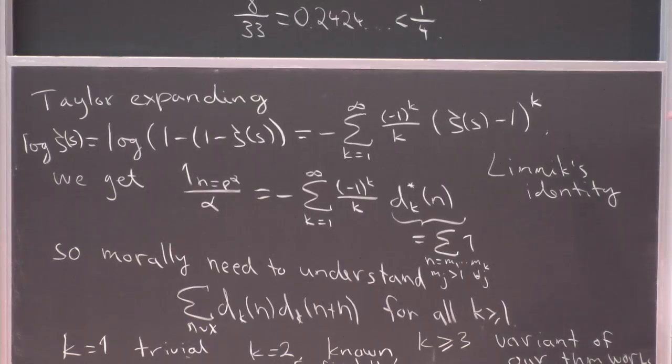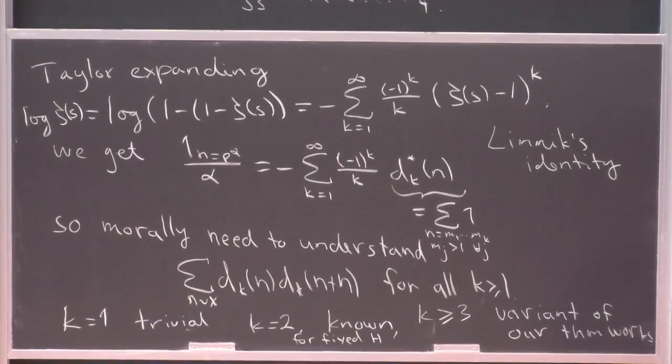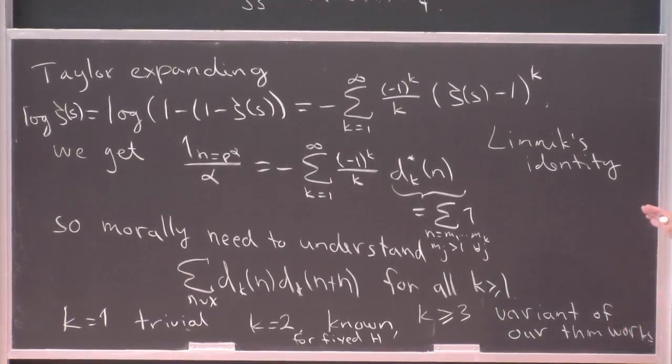So they got the same result as Mikawa, this x to 1/3, but for Λ(n) replaced by d_3. And for the higher divisor functions, there weren't results with h below x to the half, I think. So anyway, by the variant of this result, we understand the divisor correlations for almost all h up to x to 8/33. Well, understanding means that we save some powers of logs. It's quite nice.